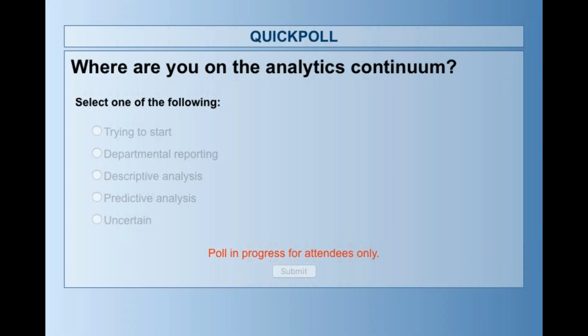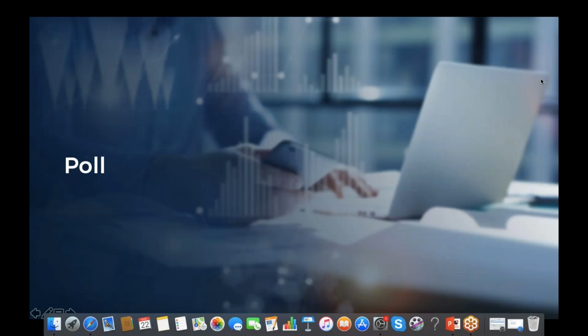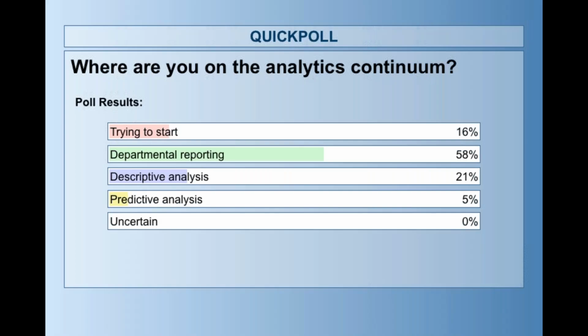Departmental reporting, descriptive analysis, predictive, and I'm just not sure. So here we go. We're going to close the poll. I don't know if you can see the results, but the poll closed. Here we go. Thank you.